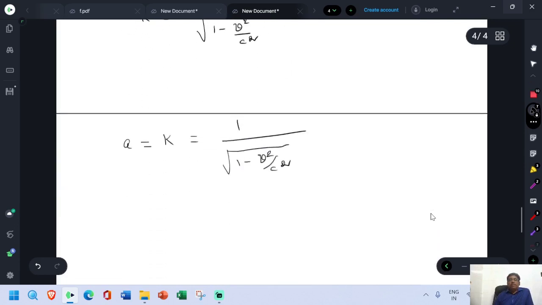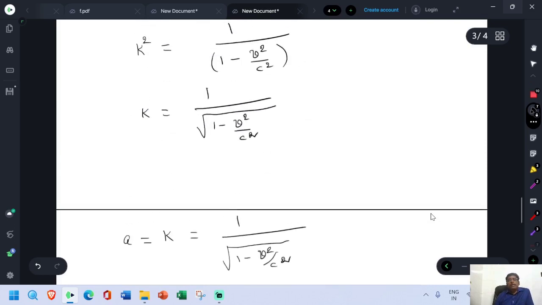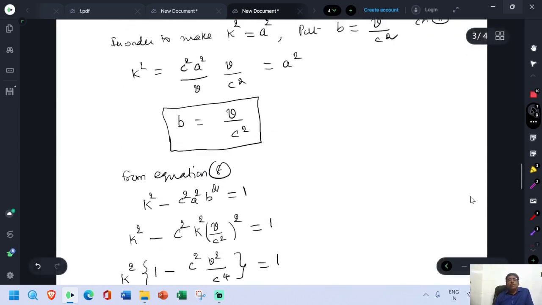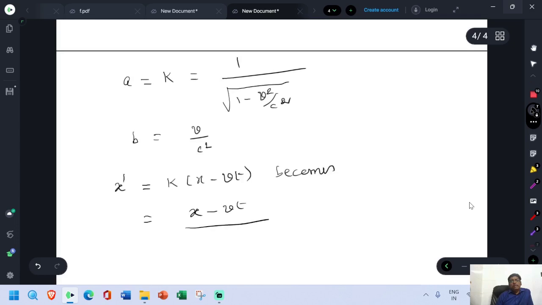Then what's the value of b? B equal to v by c square. This is the value of b. Now x dash equal to k into x minus vt becomes x minus vt divided by root of 1 minus v square by c square.